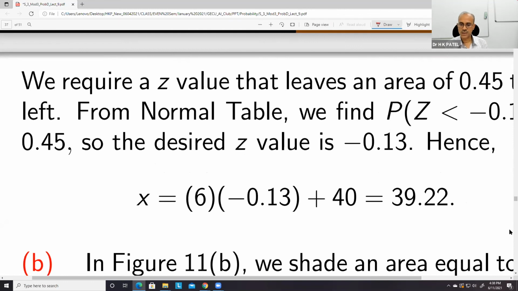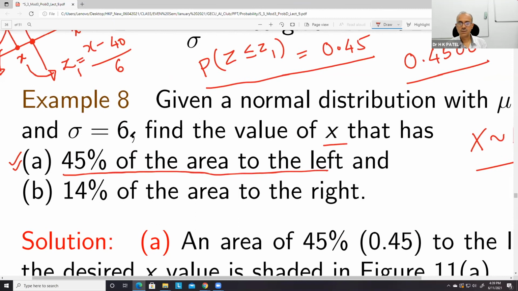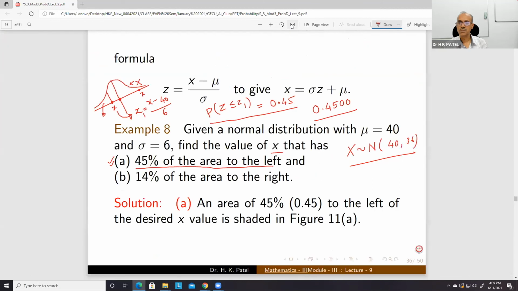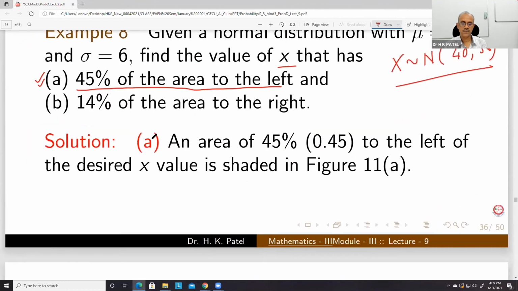So you can see that Z1 is equal to x minus the mean. And the mean is, I think, 40. Yes, sir, the mean is 40 and sigma is 6.